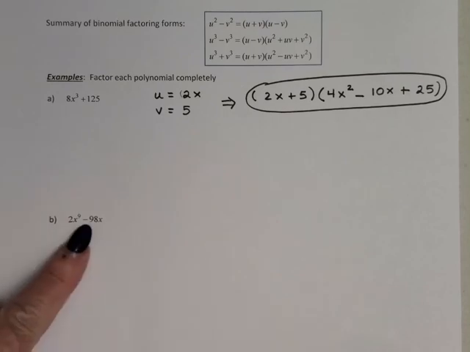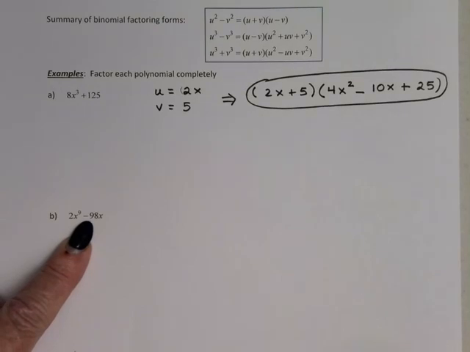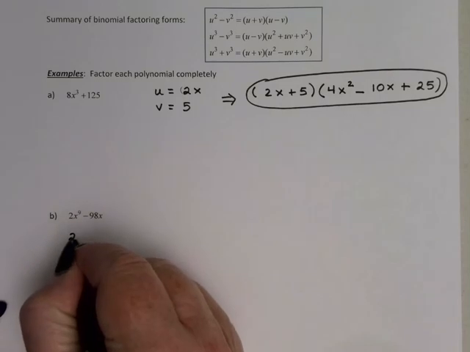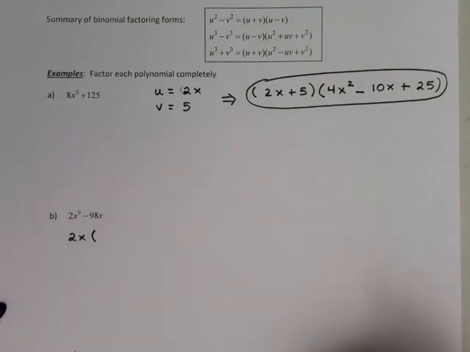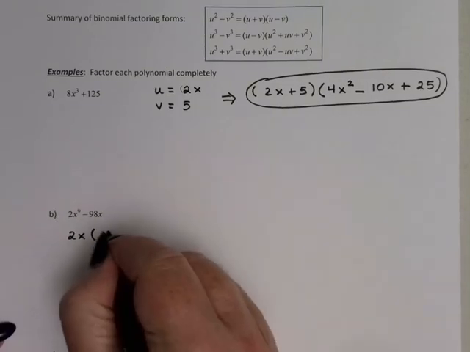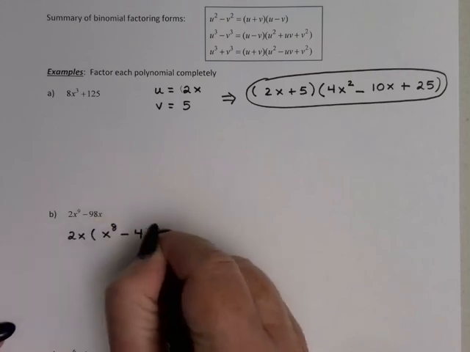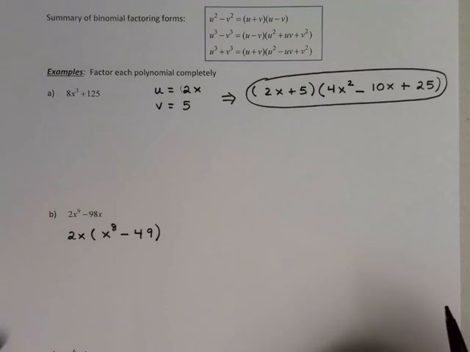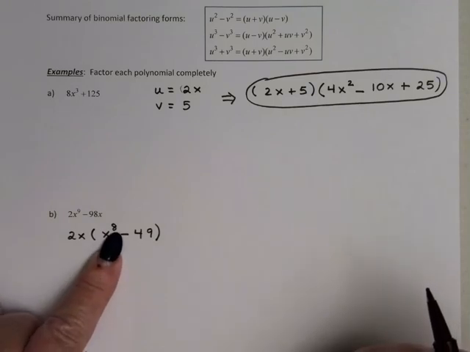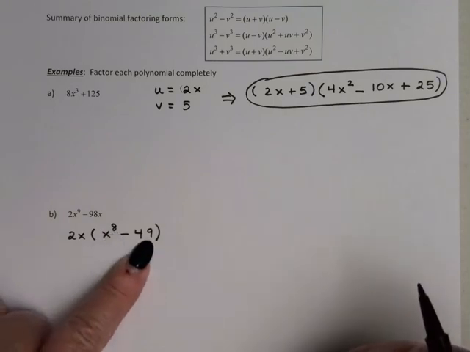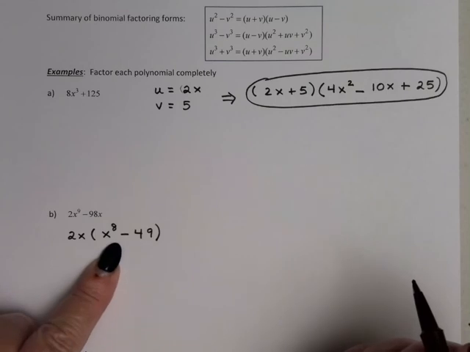All right, what about the next one? 2x to the 9th minus 98x. The first thing I notice about this one is that I've got a GCF. I can factor out a 2x, which makes that x to the 8th minus 49. X to the 8th and 49 are both perfect squares.